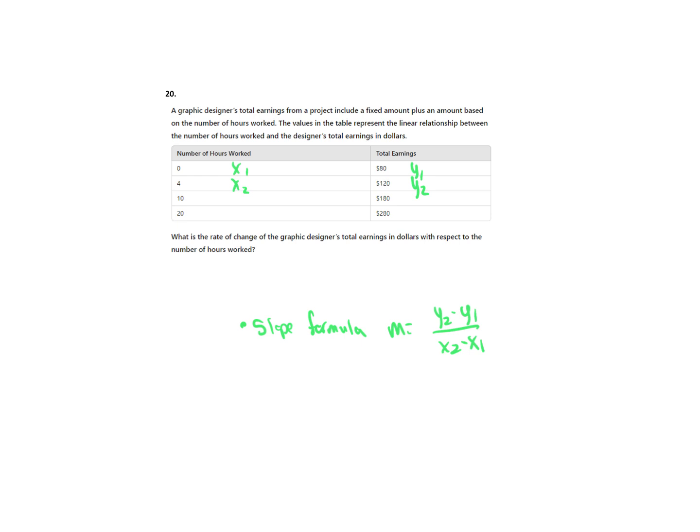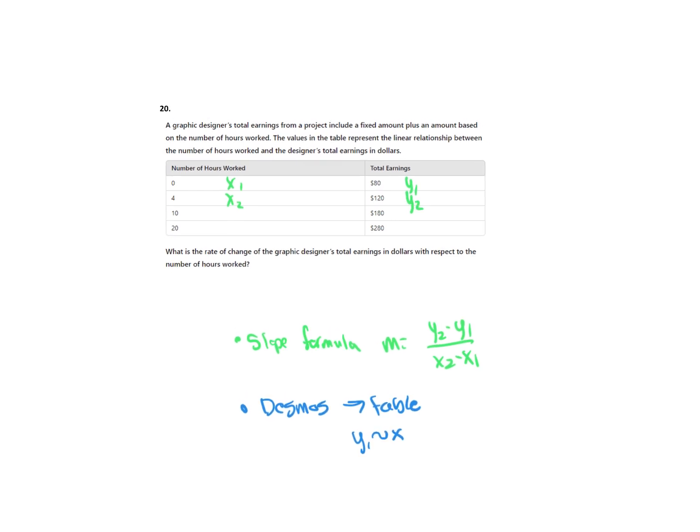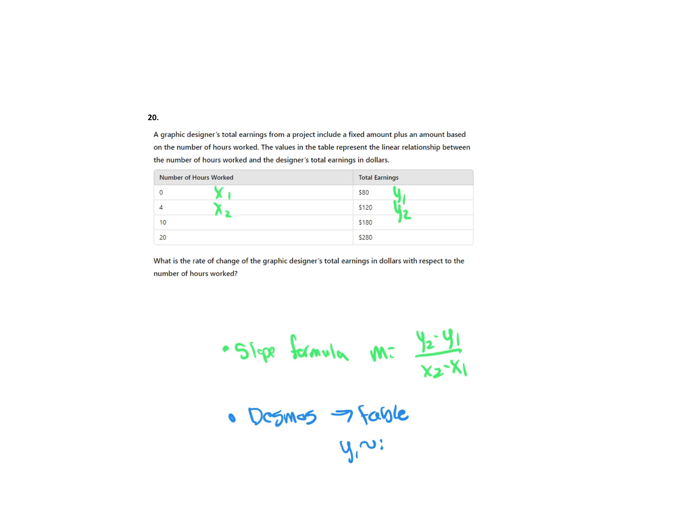You can put it in Desmos with a table like we did earlier in the video. And then after you do the table, in the second line, remember you have to put y1 tilde m x1 plus b.